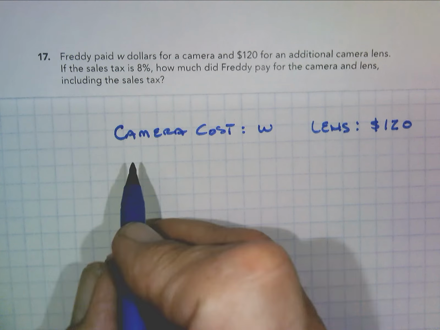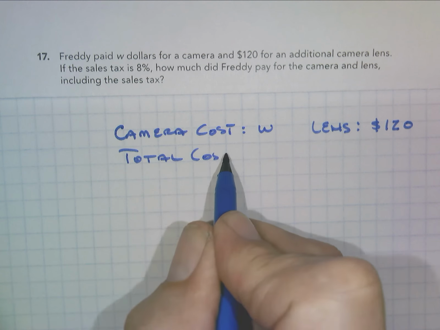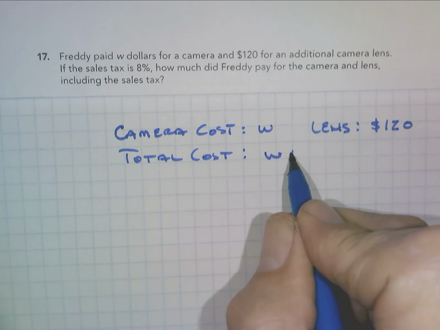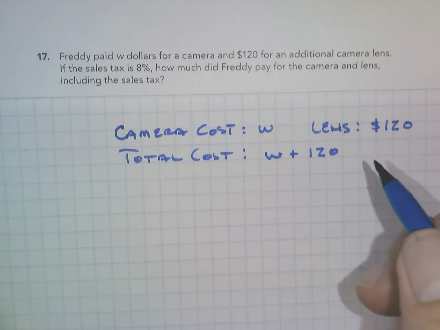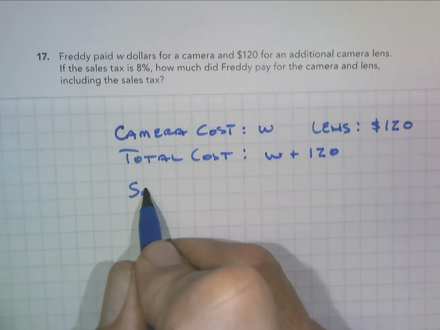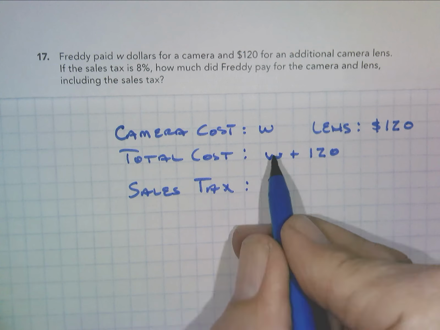So, total cost of the camera and the lens is going to be W plus 120. And the sales tax is going to be 8% of that number.